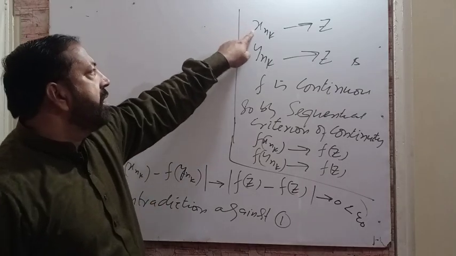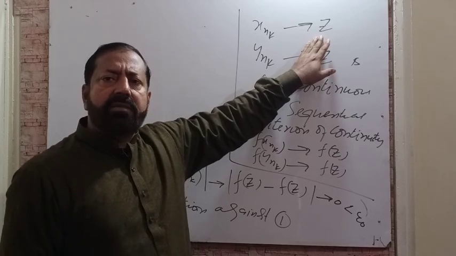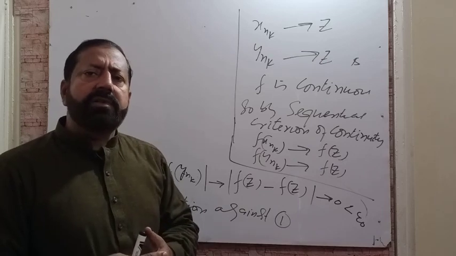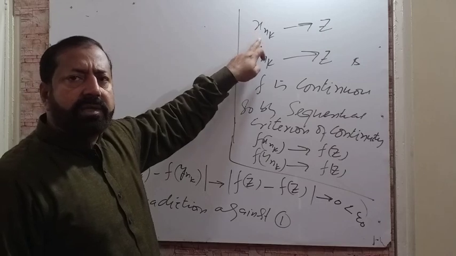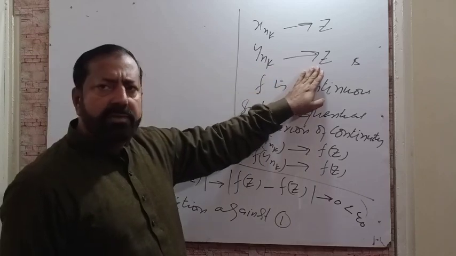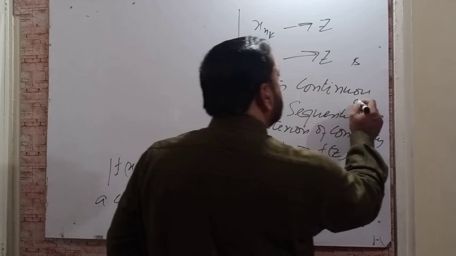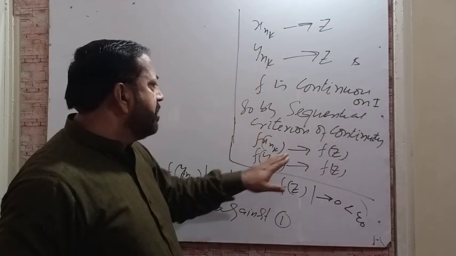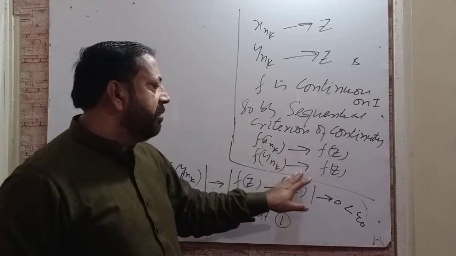Since x_n was bounded and it has a convergent subsequence, you have assumed that x_n has a convergent subsequence x_nk, and suppose this is converging to z, and we have established that y_nk is also converging to z. Since f is continuous on I, by the sequential criterion of continuity, it is so easy that f(x_nk) converges to f(z), and f(y_nk) converges to f(z).